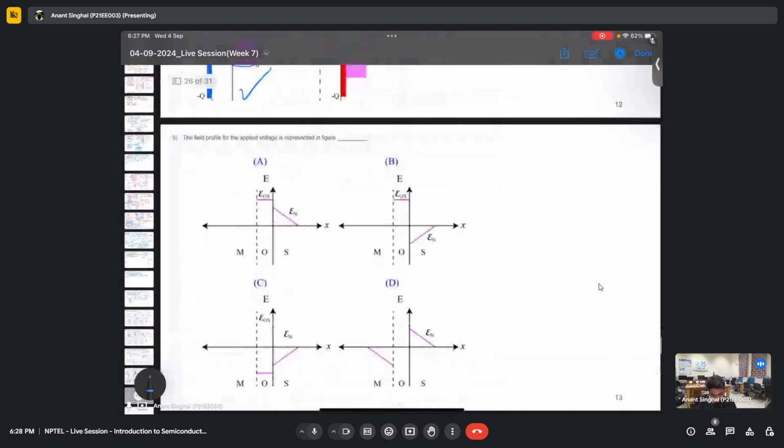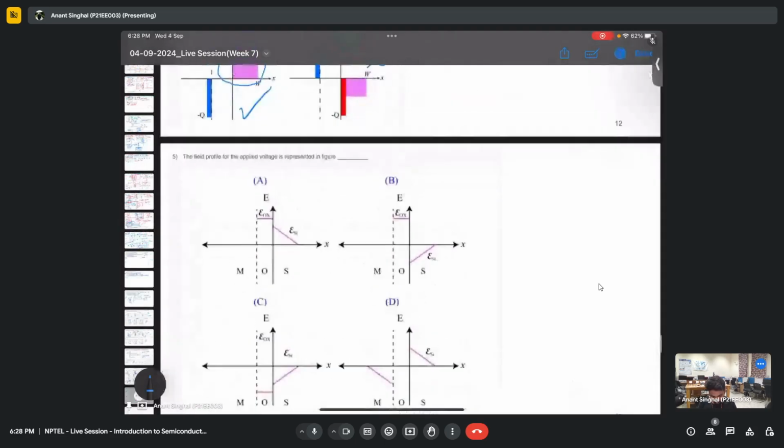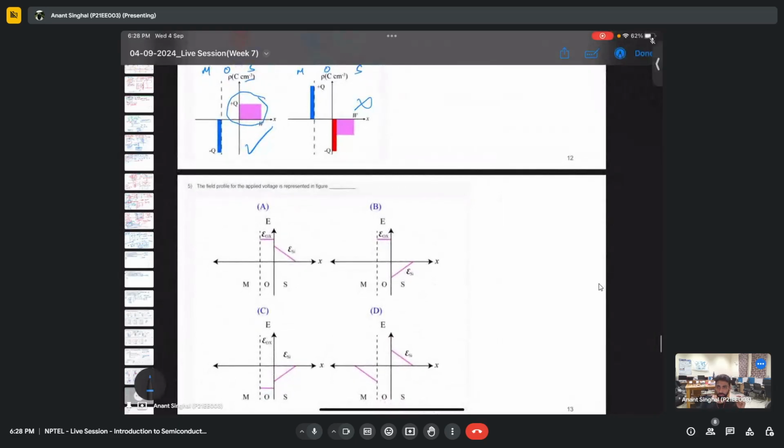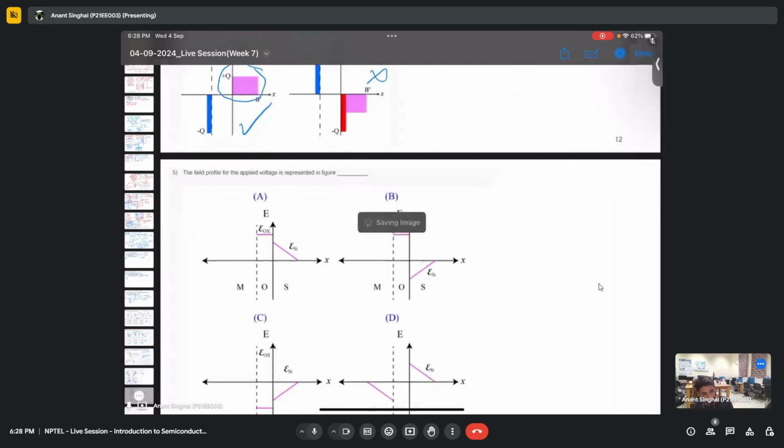So give the corresponding profile now for the electric field. I hope this is very easy. So let me hold it for you and let me know the answer. Any answer? I hope you remember for a PN junction when we had this.